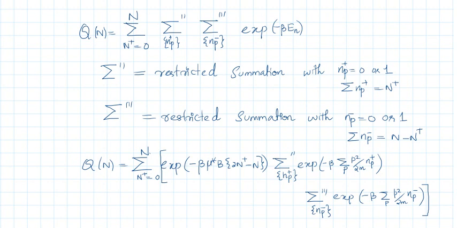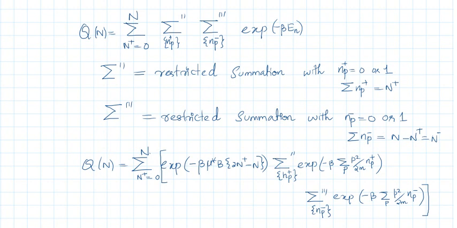And this triple primed sum is again a restricted summation with n_p minus either 0 or 1 and sum of n_p minus equal to N minus, which is actually capital N minus N plus.